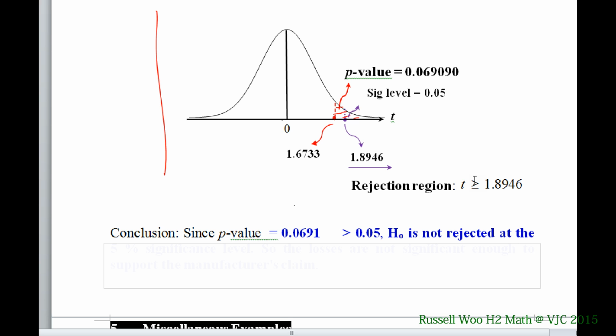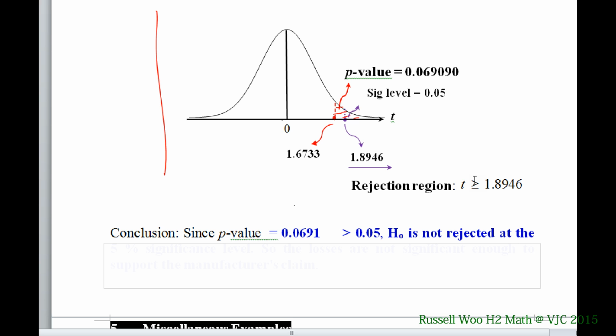I think by now you also realize the language used. We will always say H0 rejected or H0 not rejected. We will never say H0 accepted. Because from the way we test, whenever we say H0 rejected, that means this probability is very small compared to 5%.